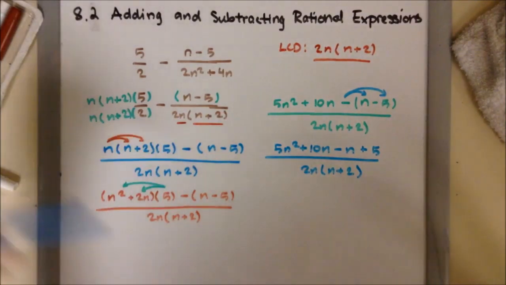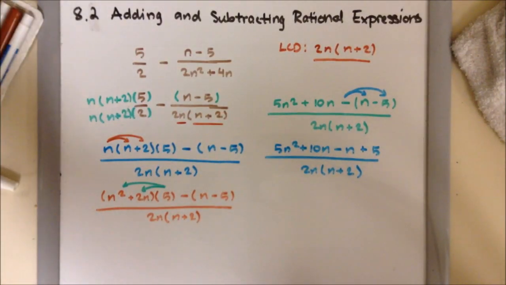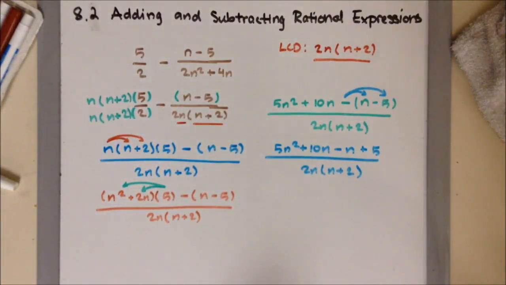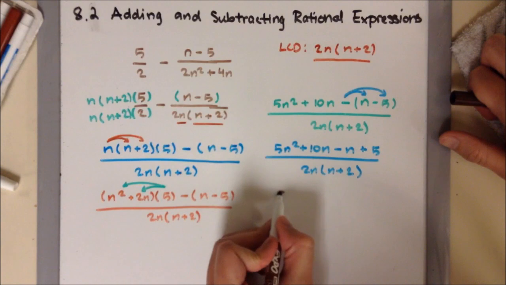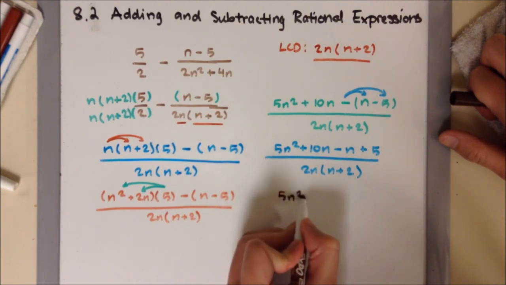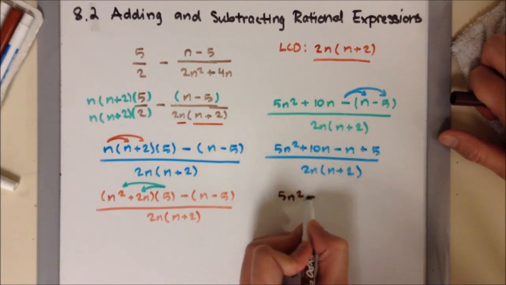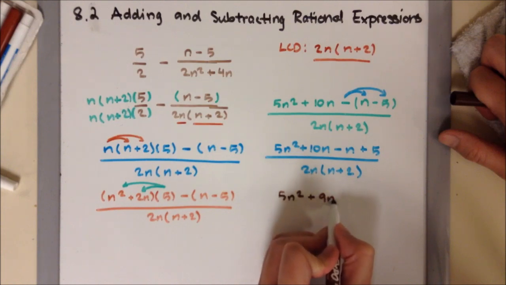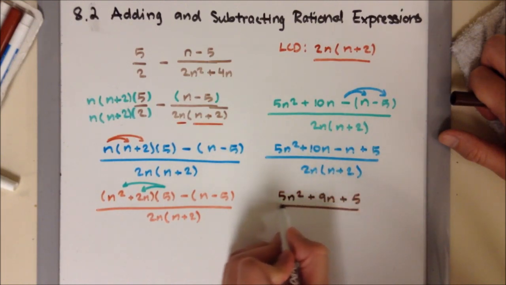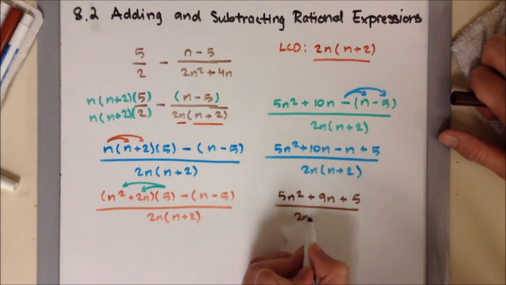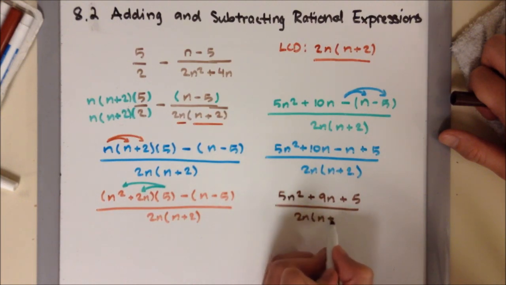Now I'm going to combine like terms and make my final answer. The only terms I can combine are the 10n and the negative n. So I'm going to have 5n squared, 10n minus n will be plus 9n, and then plus 5, over 2n times n plus 2.